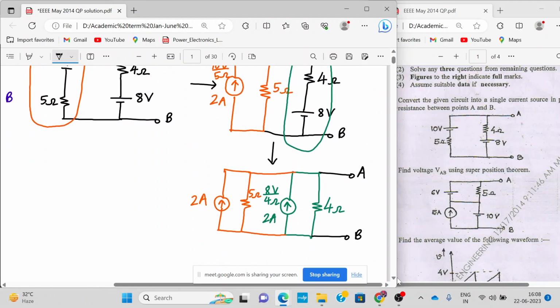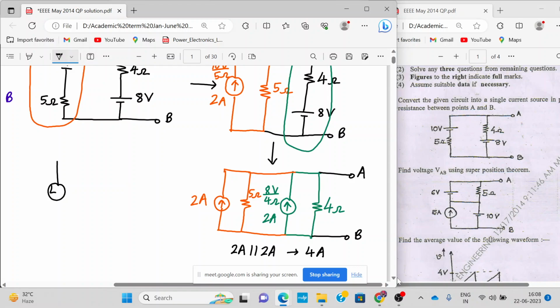Can we add this 2 ampere and 2 ampere current source? Yes or no? Yes, sir. 2 ampere parallel to 2 ampere current source will add up, okay, and they will become 4 ampere. So this will become like this.